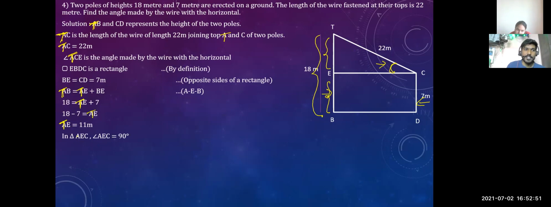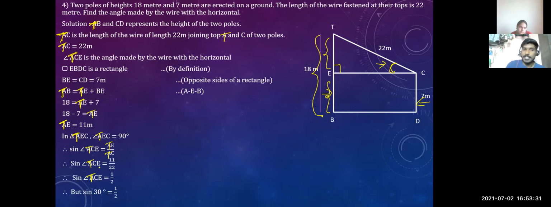Now in triangle TEC, since it is a right angle triangle at E, angle TEC is 90 degree. So sine of angle C will be opposite upon hypotenuse, that is TE upon TC. When you substitute the values, TE is 11 and TC is 22. So it becomes 11 upon 22, which after reducing is half.